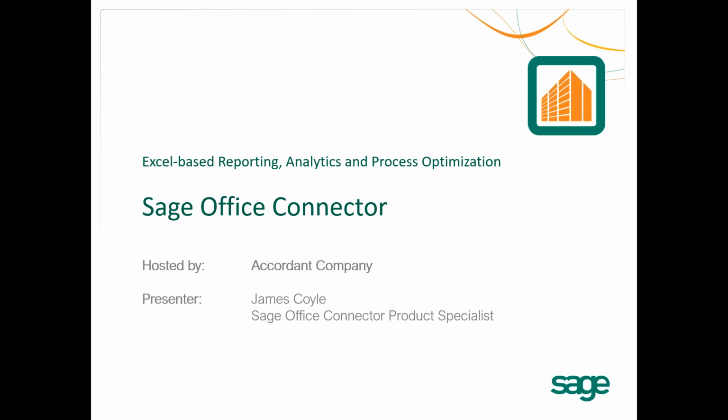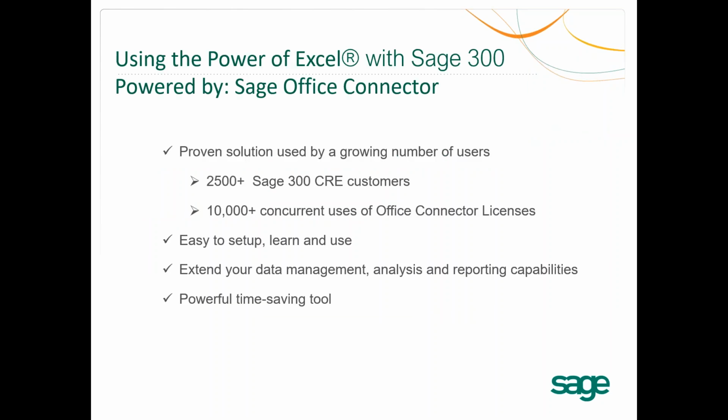So I'm presenting the Sage Office Connector product suite, and just for your general understanding as far as this technology, it is extensively utilized by your peers that use Sage 300 Construction Real Estate. There are over 2,500 companies that utilize this technology, and that means they purchased and utilized it, and that's over 10,000 concurrent uses.